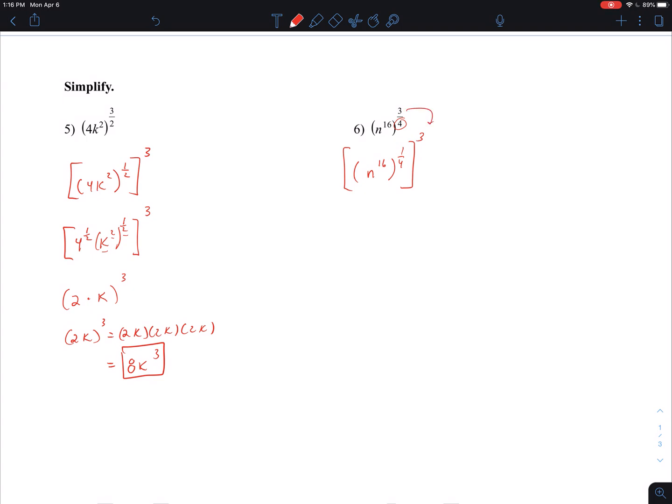So now, very easy, this is just going to be n to the 16th, well, 16 over 4, all raised to the 3rd power. So this is really nice and easy. Well, 16 divided by 4 is 4, and then we're going to raise it all to the 3rd power. So this is the power-to-power rule. We just can multiply them, as what I was trying to show you before, and that would be n to the 12th.